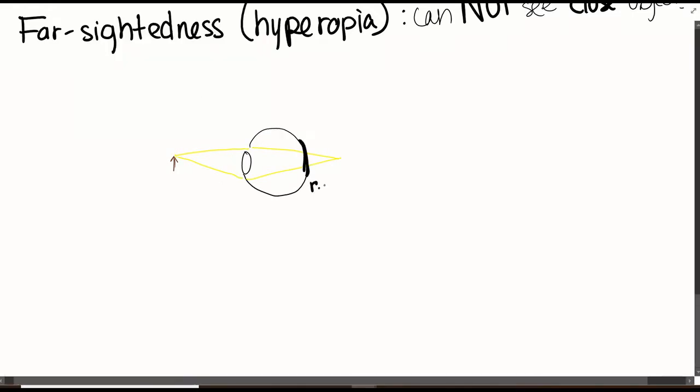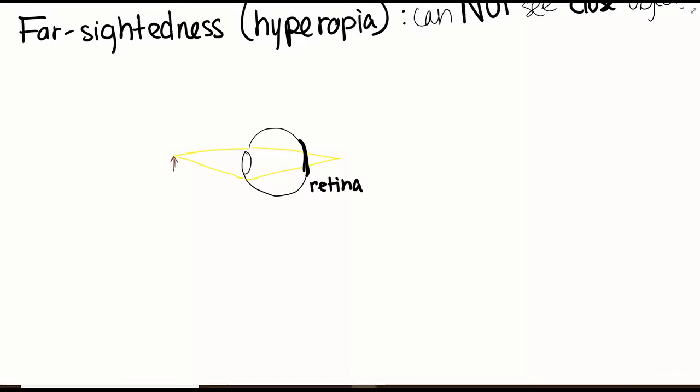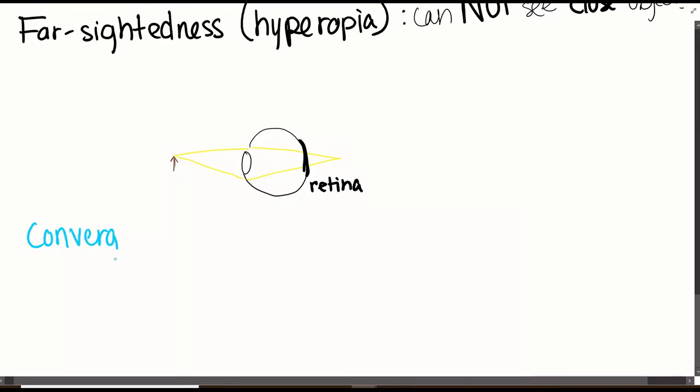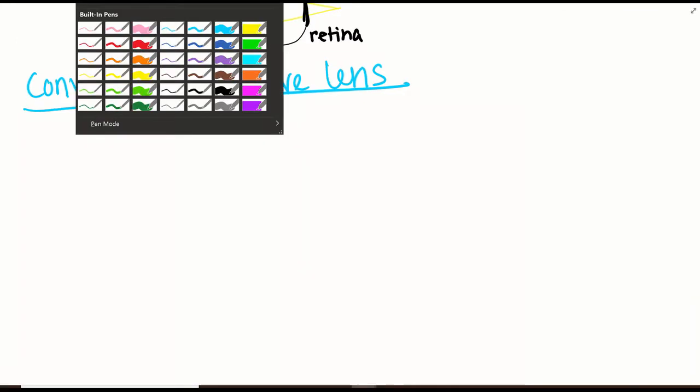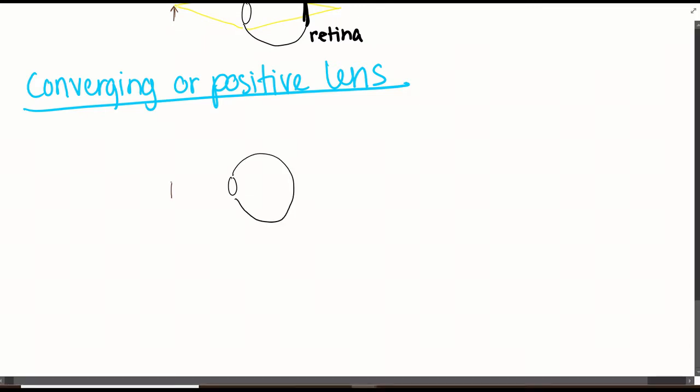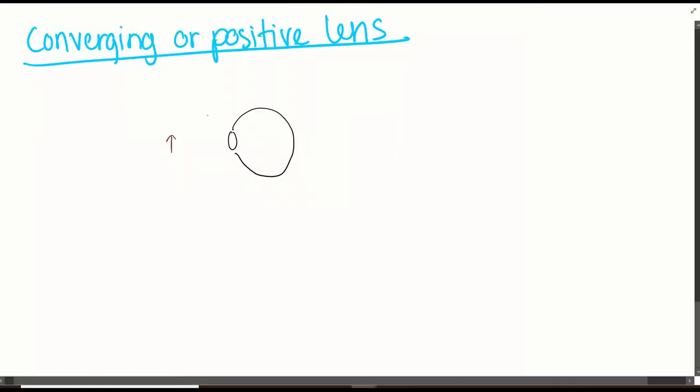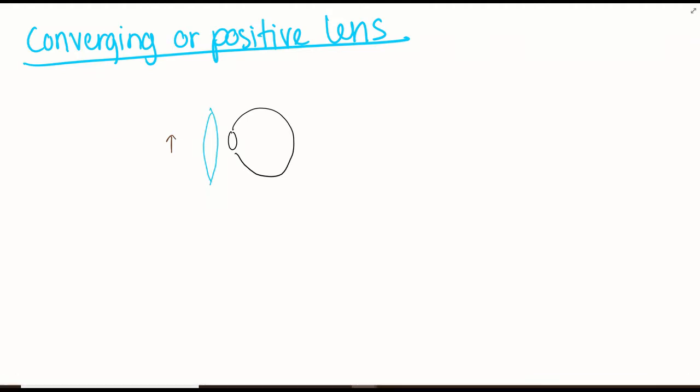But hyperopia can also be corrected with a lens. Instead of a diverging or negative lens, hyperopia is corrected with a converging or positive lens, decreasing the focal length so that the image is formed on the retina.